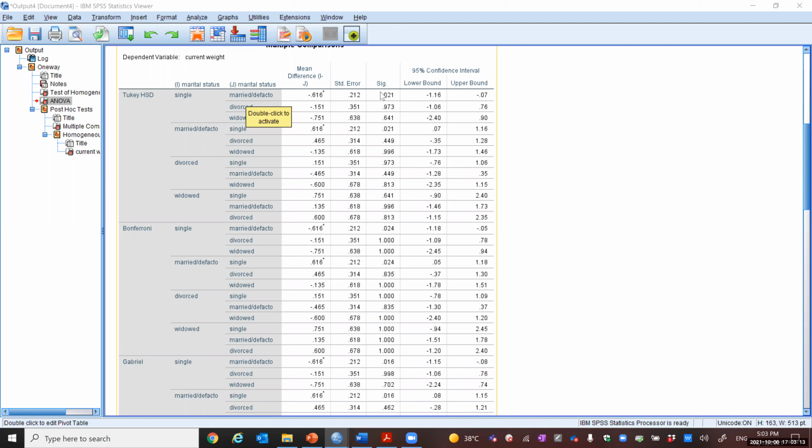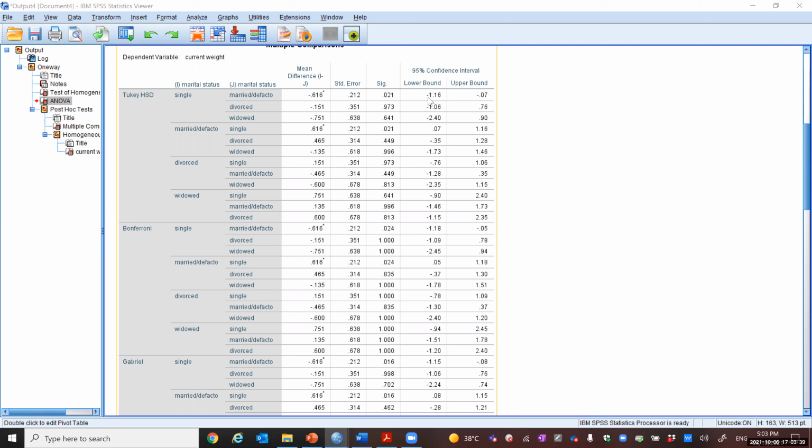Another way of doing this is, if you go to the last two columns, you have the lower bound and upper bound of the confidence interval. Your p-value would always be significant if the confidence interval does not contain a zero, which means you are not crossing the origin, going from minus to plus or plus to minus.